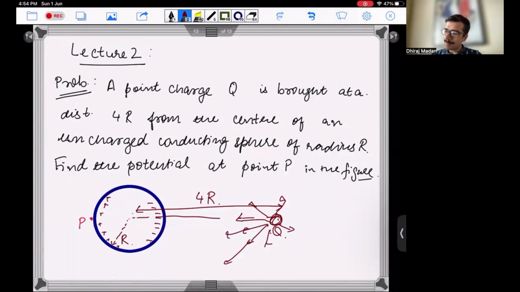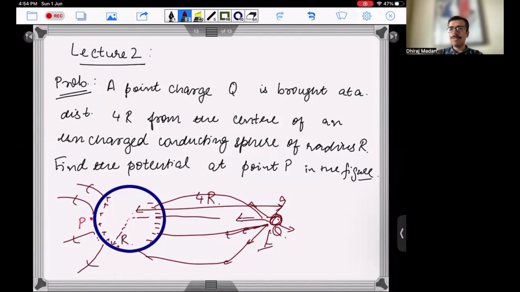And now in the presence of these charges, this field is also going to get distorted a bit, because these negative charges are going to create their own electric field, right? So this looks somewhat like a dipole, but not exactly, because you also have positive charges here. Essentially, you will have electric field going away from these positive charges also, right?